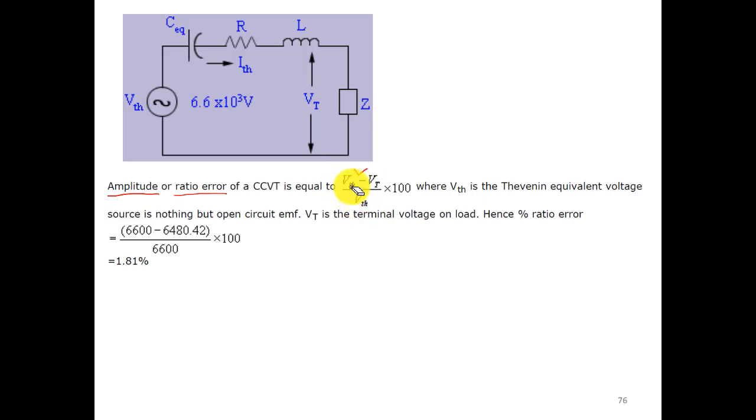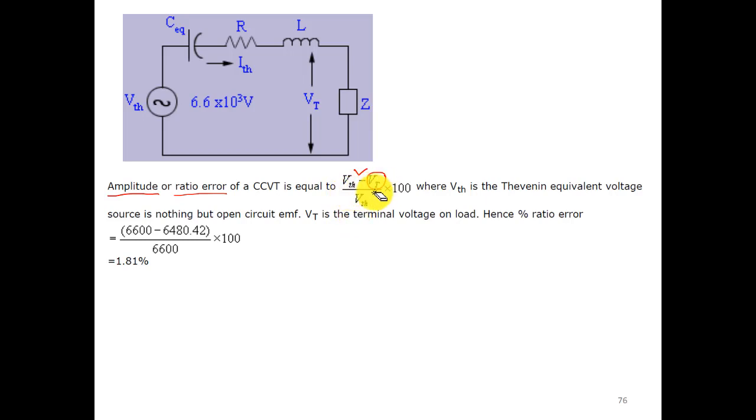VTH is your actual voltage, which in fact should be fed to the burden, but actually we are feeding the voltage VT, right? Therefore the difference is the error, and that is the amplitude error or the ratio error, VTH minus VT. So in order to find the percentage, we need to divide by the ideal voltage that should be fed to the burden.